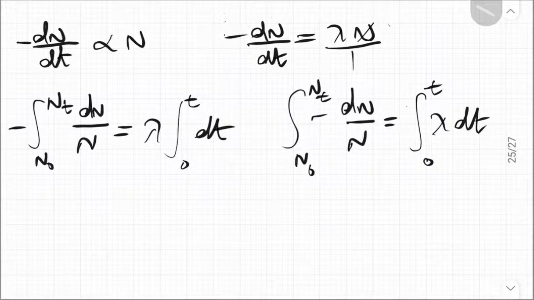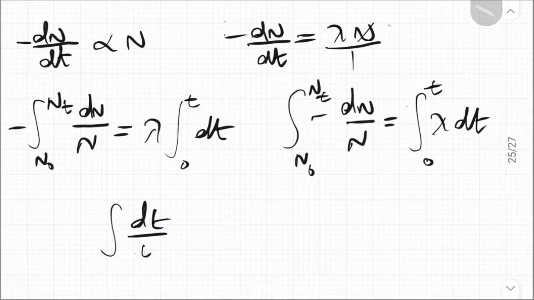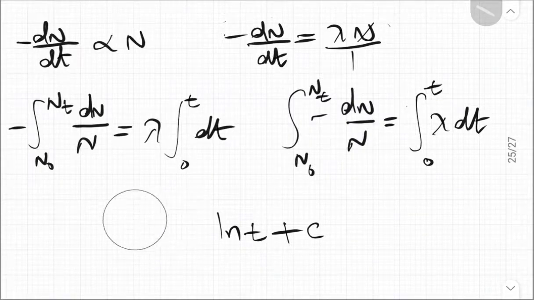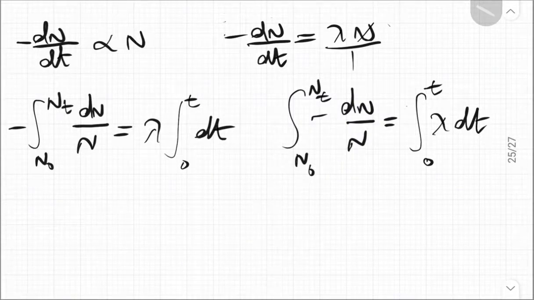Now in calculus, when you have the integral with respect to t or n or any variable of one divided by that variable, right, it will be equal to the natural logarithm of that variable plus c, right? Okay. So here we have n, so it's going to be the natural logarithm of n.